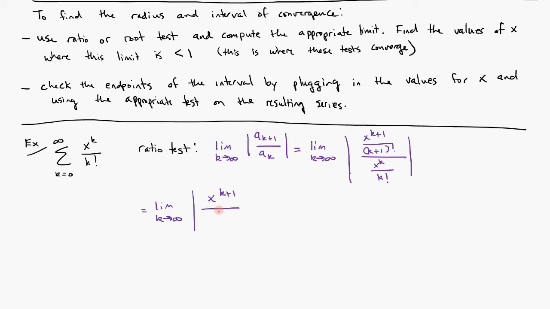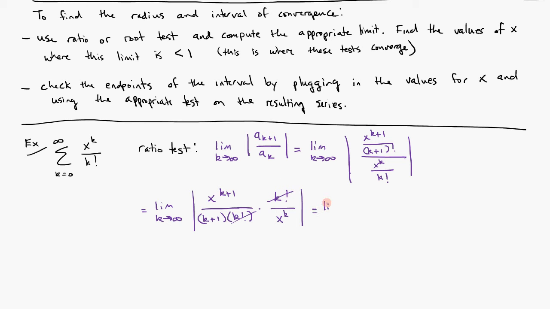Let's use the formula to simplify the factorial. So that's k plus 1 times k factorial. And we multiply by the reciprocal of the denominator, so this is k factorial over x to the k. Now the k factorials cancel out, and the x's also simplify.